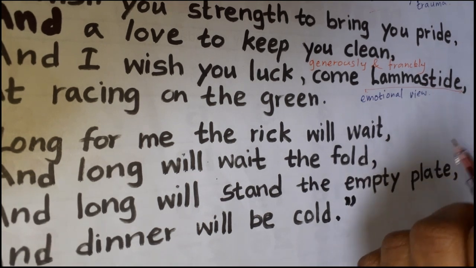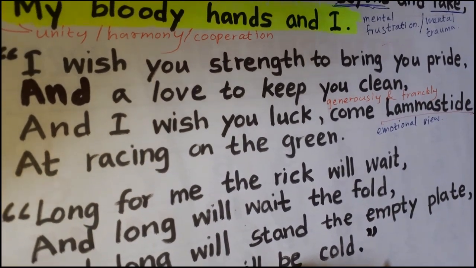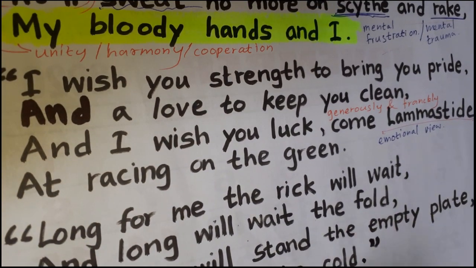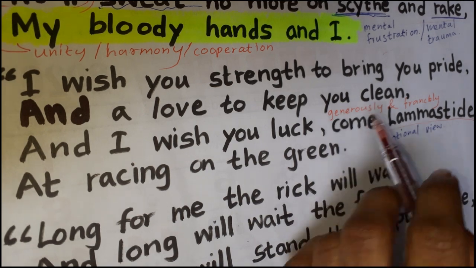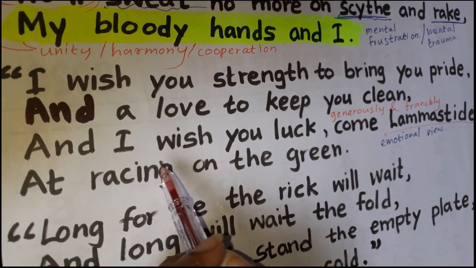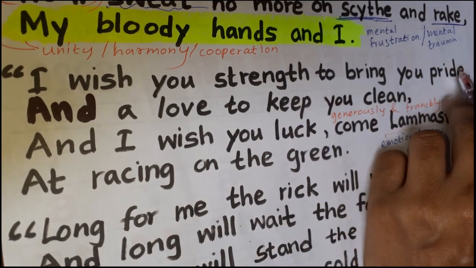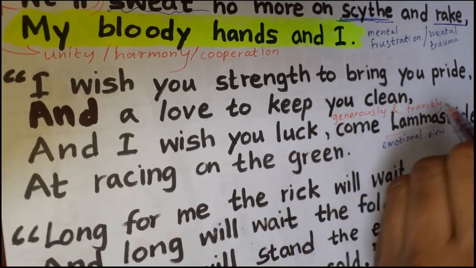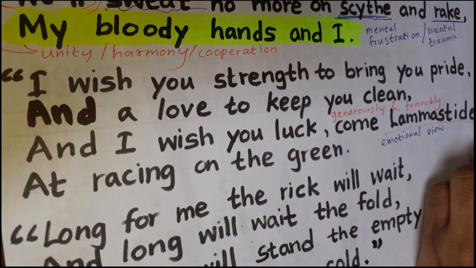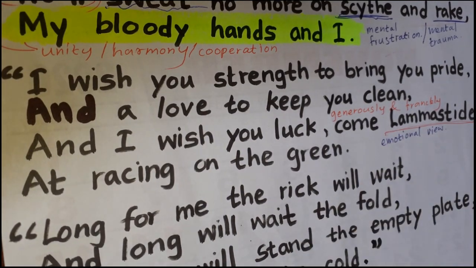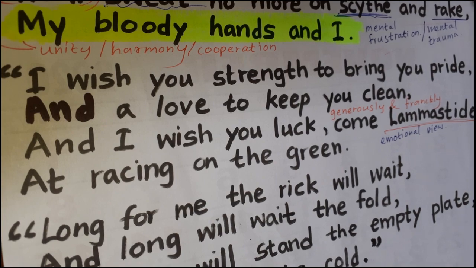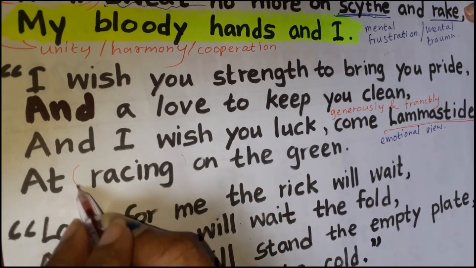So we can see this narrator, although he has done something out of sudden impulse, has a really gentle heart, because that's why he has the courage to wish the person who has destroyed his and his brother's lives.